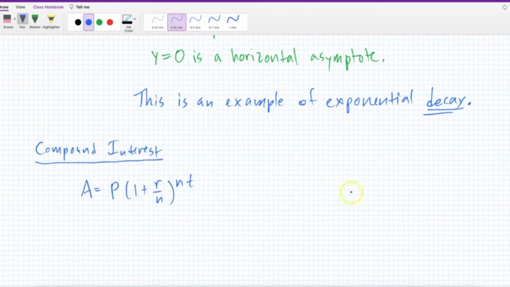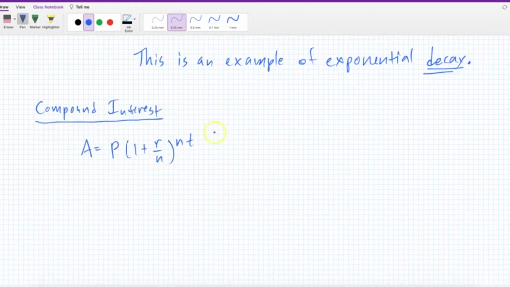And then we'll talk about how that relates to the version with E. So what this is referring to is you have some sort of principal. Okay, if you're talking about an investment, that's your original investment. If you're talking about a loan, that's the original amount you borrow. We also have an interest rate, that's R.